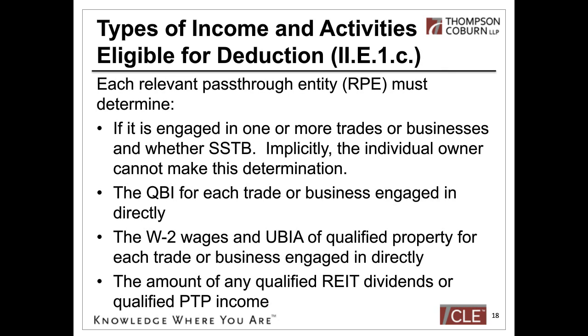So each S corporation or partnership is considered to be a relevant pass-through entity. Now, let's suppose you have an LLC. If that LLC is filing a tax return as a partnership, then it's a relevant pass-through entity. If an individual owns an LLC or a trust owns an LLC and is directly reporting that LLC's income on that person's tax return, then that LLC would kind of be like the RPE, relevant pass-through entity.